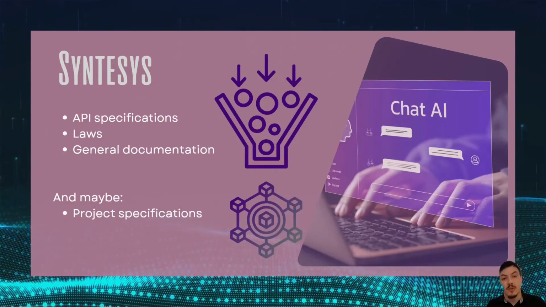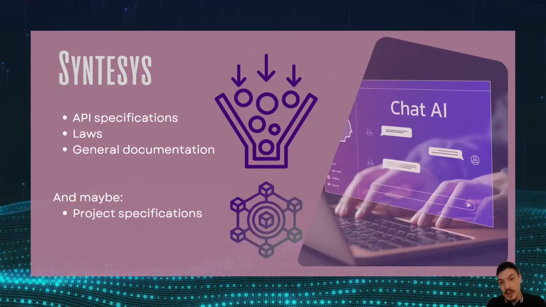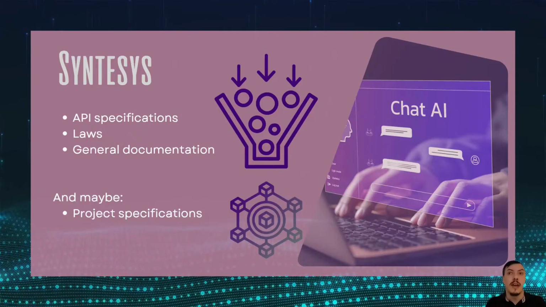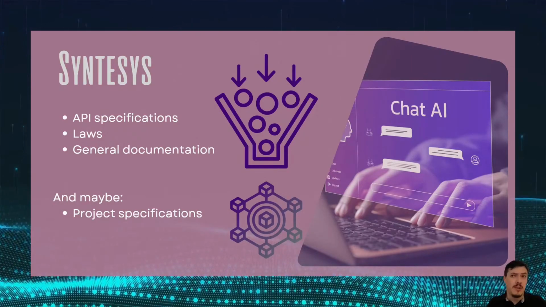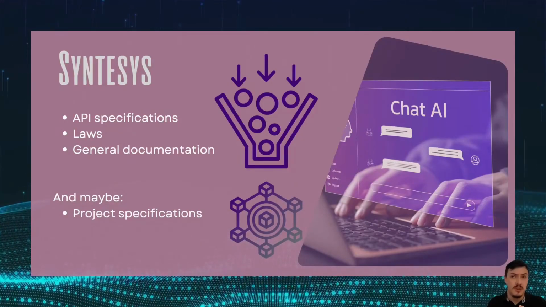So in our experience, all this open documentation we can put inside an LLM. Again, we don't think that closed and private project requirements are a very good thing to put inside the LLM. You must think about that carefully.